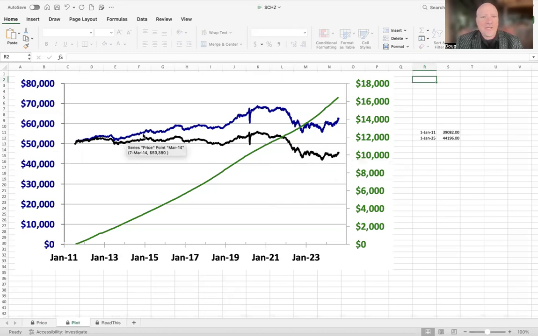Then you would have this blue line. The amount of interest being provided by the black line is this green line, which follows the right-hand y-axis. And this is the running sum of all of the interest provided by this black line.